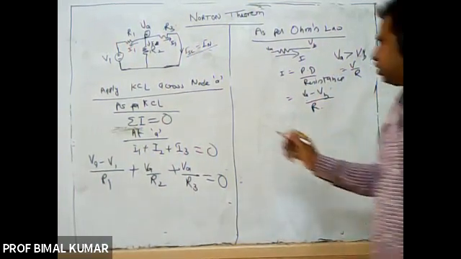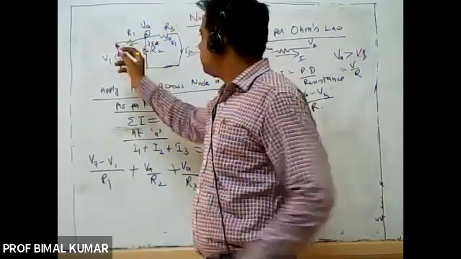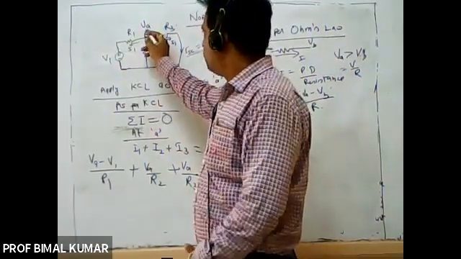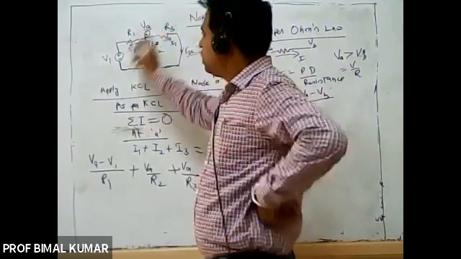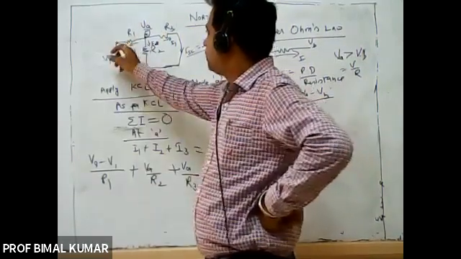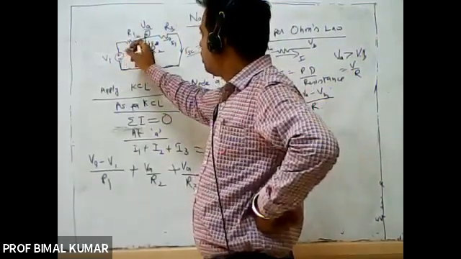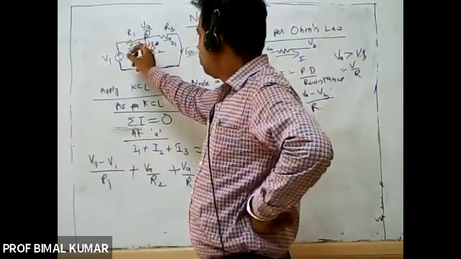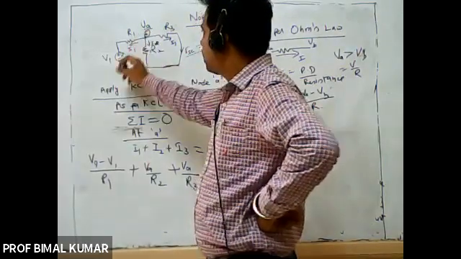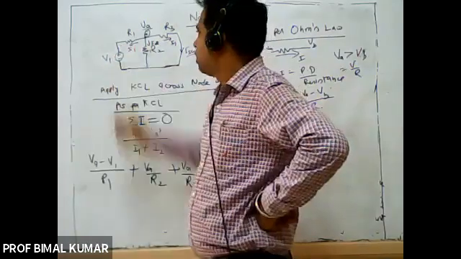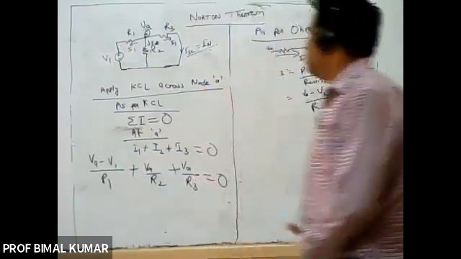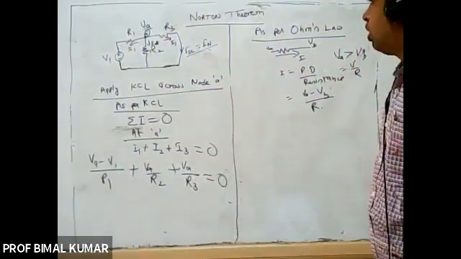Now in this case, I'm taking this as the direction of the current. If you see the resistance R1, across one terminal VA is connected and across the other terminal V1 is connected, so VA minus V1 upon R1.